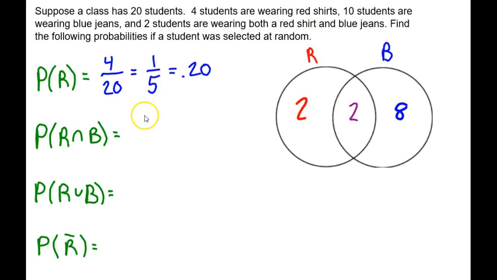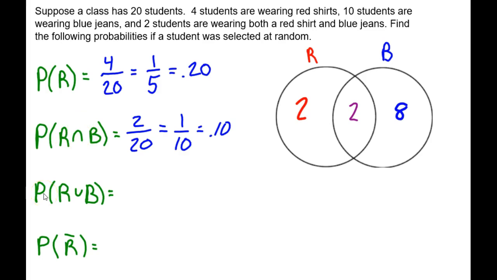So our total number of favorable outcomes is 2, divided by our total number of outcomes is 20, which we simplified to 1 over 10, which if we wrote as a decimal would be 0.1 or 0.10. So there would be a 10% chance that if we randomly picked a student, they would have on a red shirt and blue jeans. And remember, intersection means and. It has to satisfy both conditions.